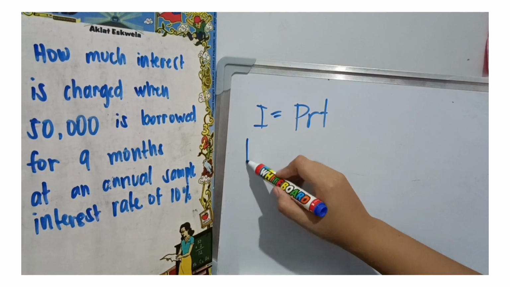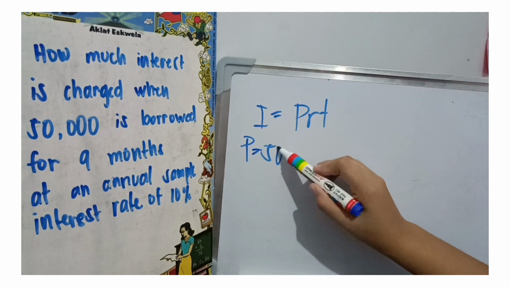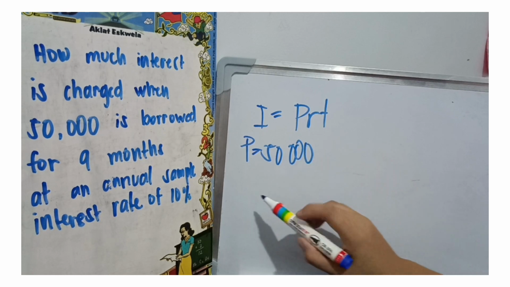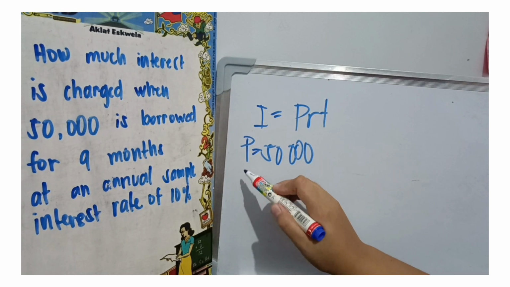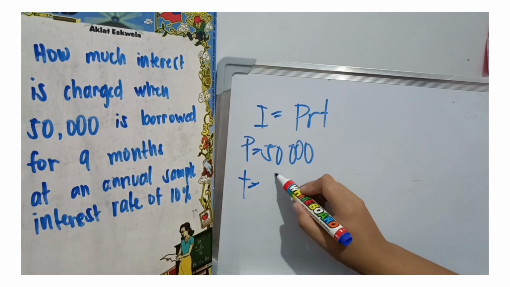Principal is 50,000. And time is 9 months.